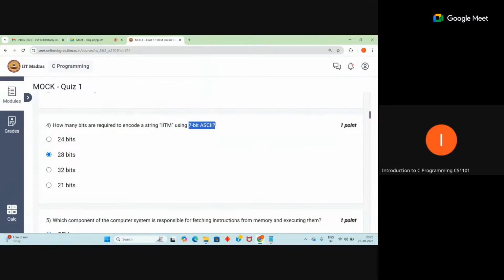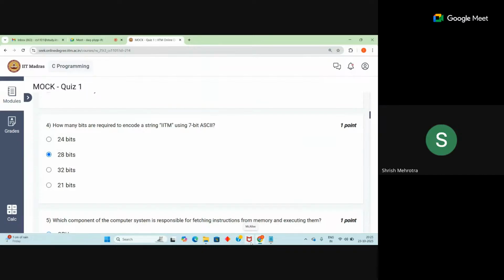Questions may be asked using 7-bit or 8-bit. You may ask, for example, that in place of 7-bit it said 8-bit. In that case, the answer will be 32.